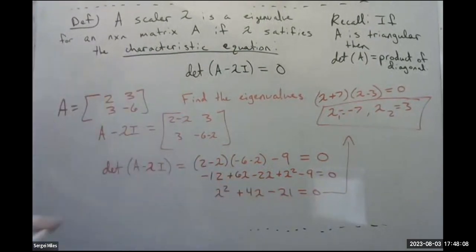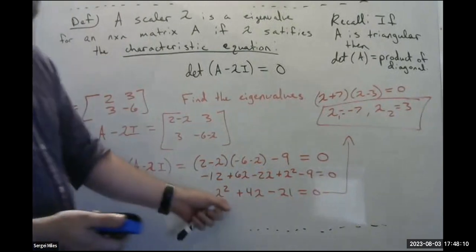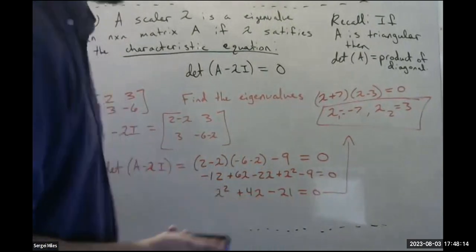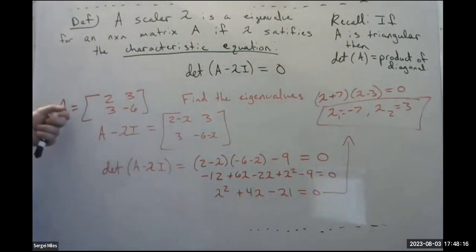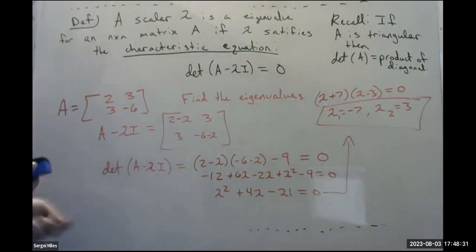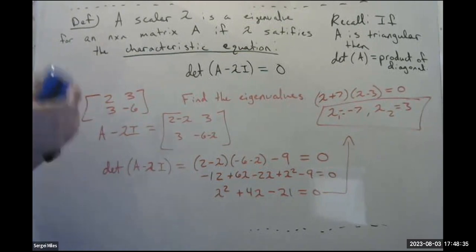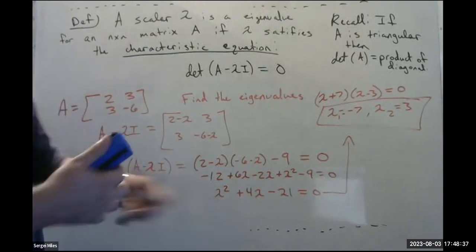But if A were a 3 by 3, then this characteristic equation could turn out to be a third degree polynomial. In fact, when A is any n by n matrix, its characteristic equation is going to be an n degree polynomial. So for larger size matrices, it can be more difficult to find the eigenvalues, because then the polynomial gets bigger.